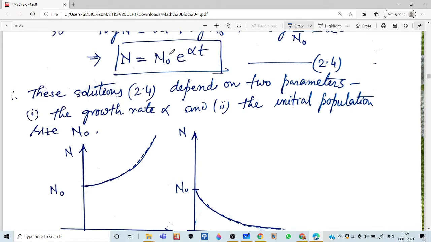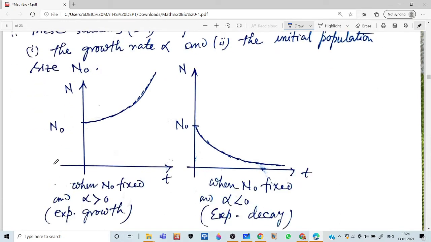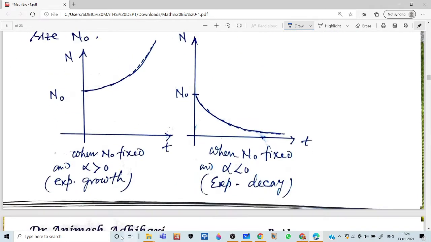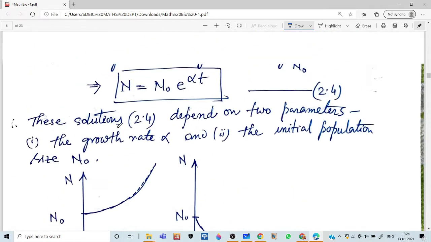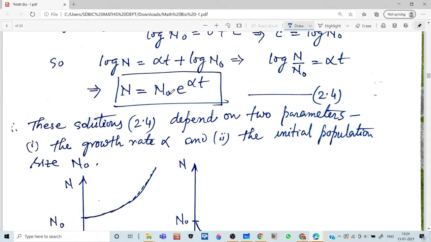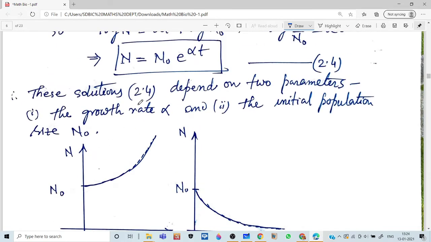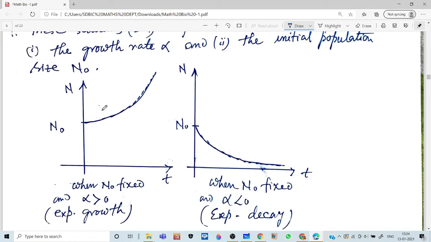Now, if we draw the solution curve for 2.4, assuming N0 is constant, then for positive alpha the solution curve is of this type. When N0 is fixed and alpha is greater than 0, this is the exponential growth.